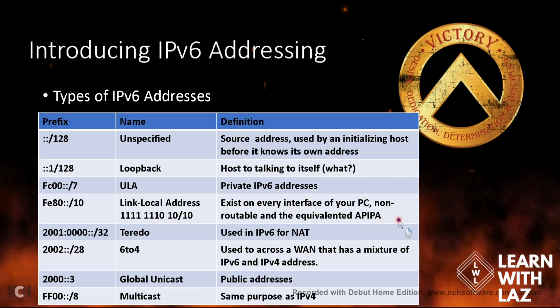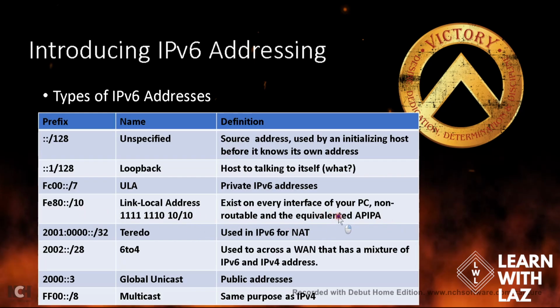All right, because you can only have FE80 addresses on your same segment. It's like the APIPA. They're not routable addresses. You can't route with them. They have to be within their own segment. They don't leave. Okay? So same thing goes for this link local.